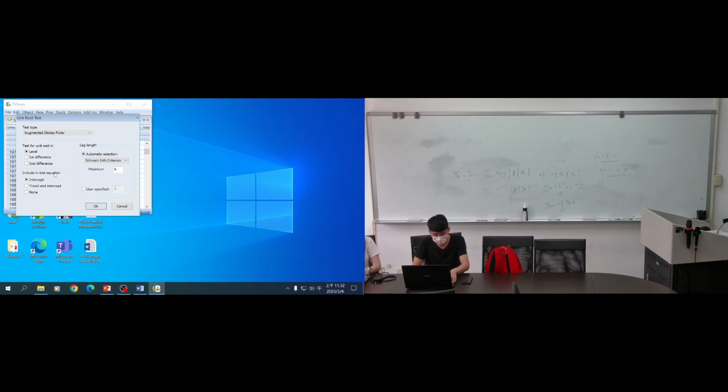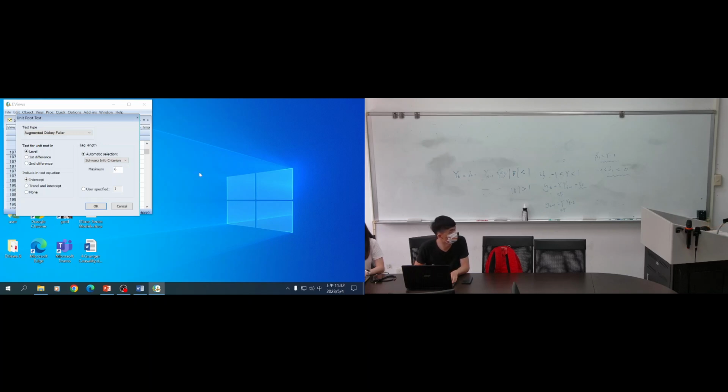So you can try intercept only, which is equation 28, and trend with intercept is 29. None means 27. You can check any one of them. So let's do it.